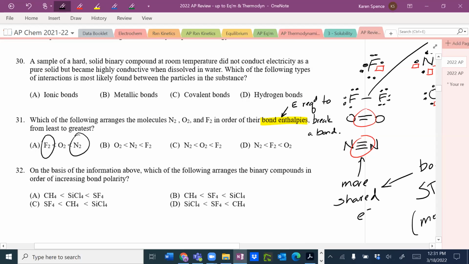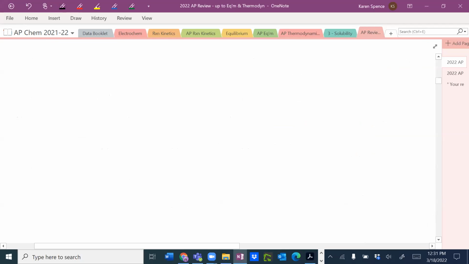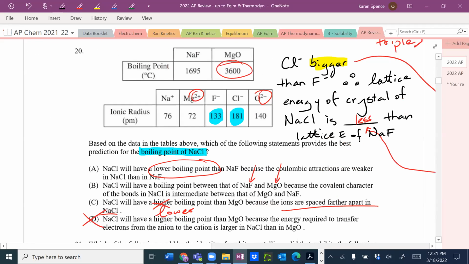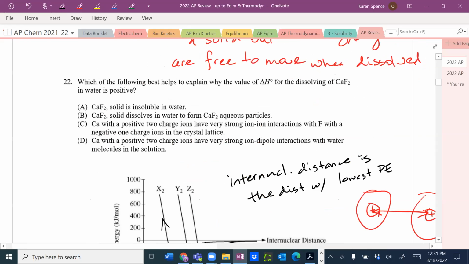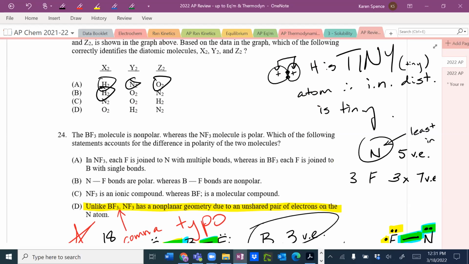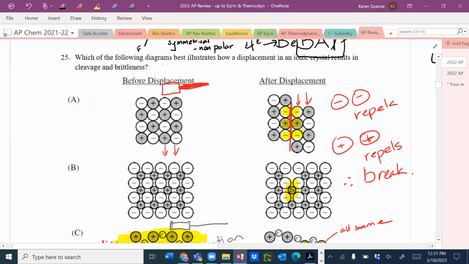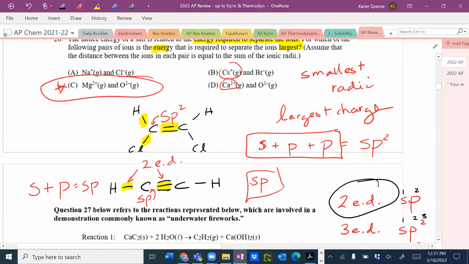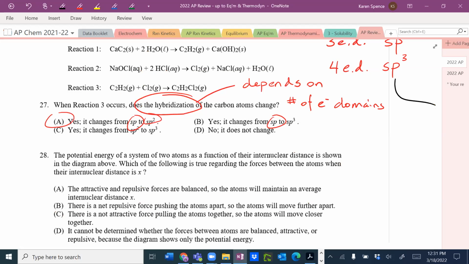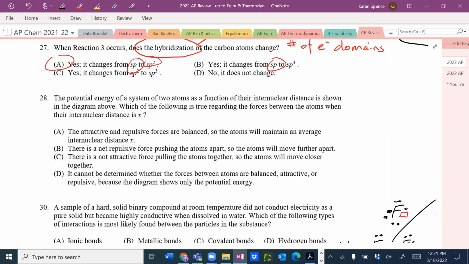And we're going to now go back to number 28. If I can find it. Jumping all over the place on me. 28. The potential energy of a system of 2 atoms as a function of their internuclear distance.